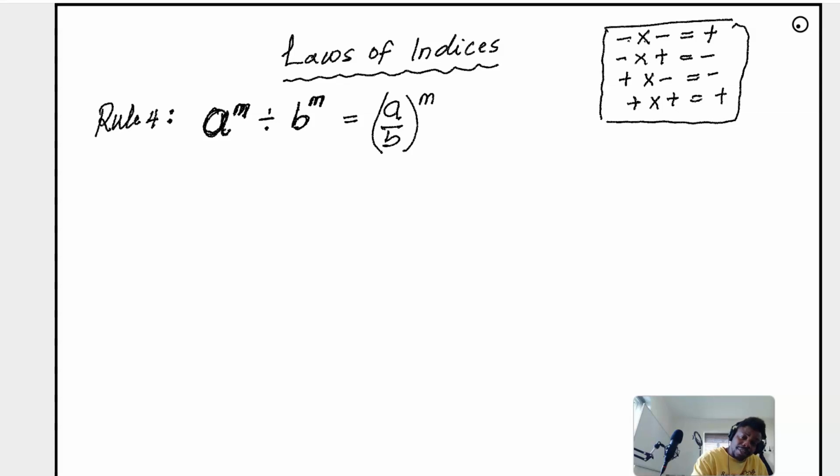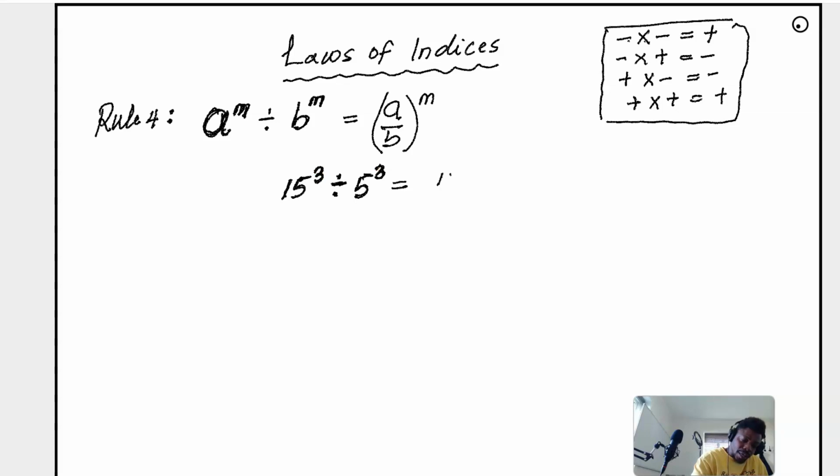So all I'm trying to say here is that if I have 15 raised power 3 divided by 5 raised power 3, you can see here that 15 and 5, which are the bases, are different numbers, but the powers are the same, and I am dividing.